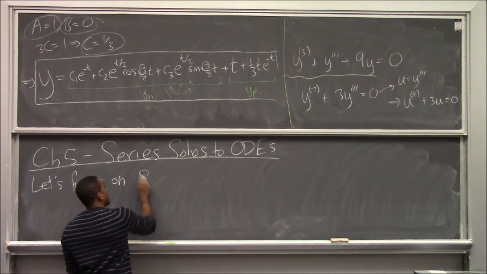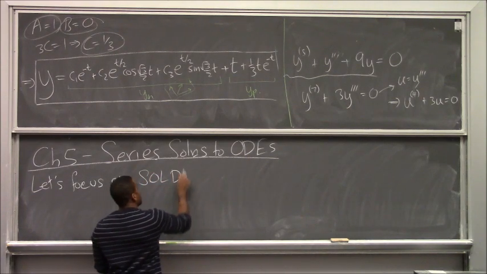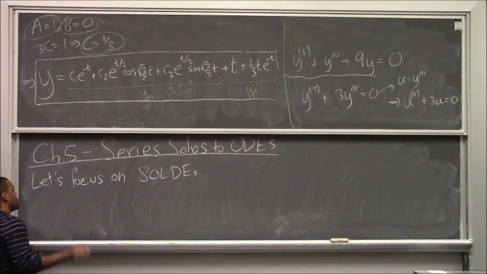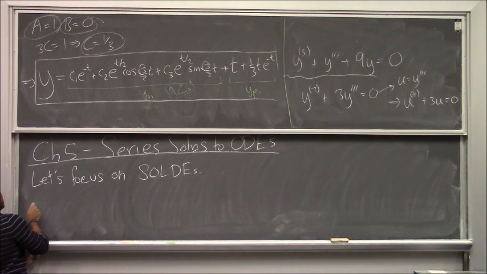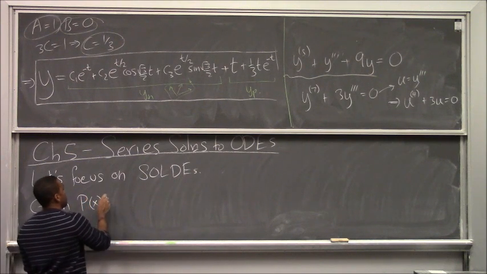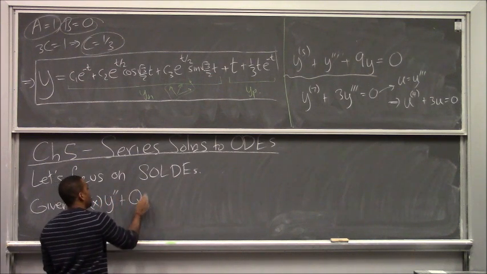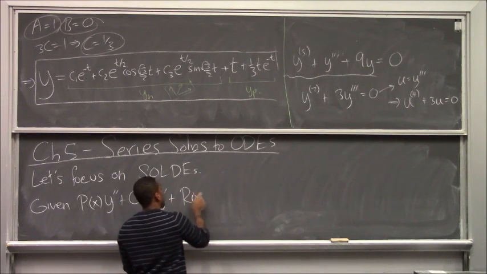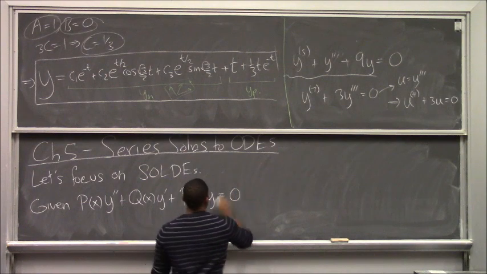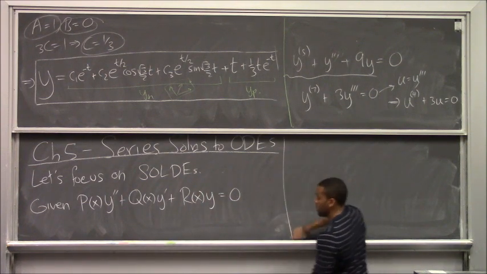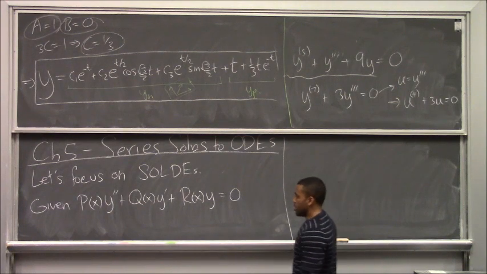Let's focus on second order linear differential equations for now. Okay, so given, say, p of x y double prime plus q of x y prime plus r of x y equals 0. We could have something over here, but let's deal with the homogeneous case first. I'm going to give you a definition.